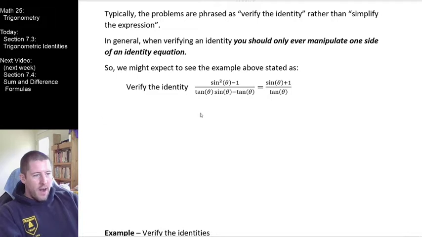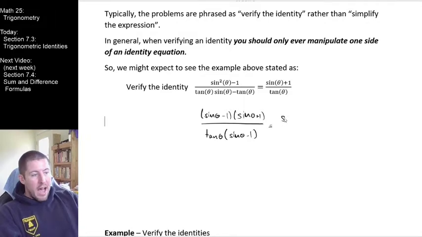So here now I could write this as only manipulating the left-hand side here. Write this as the sine of theta minus 1, sine of theta plus 1 by factoring, quadratic factoring in the top, regular old factoring in the bottom here, factoring out that factor of tangent. I'm not manipulating this side.